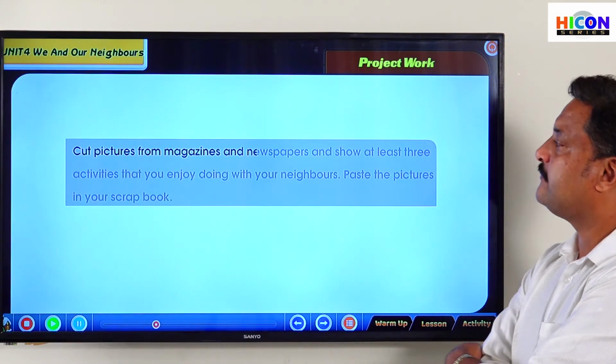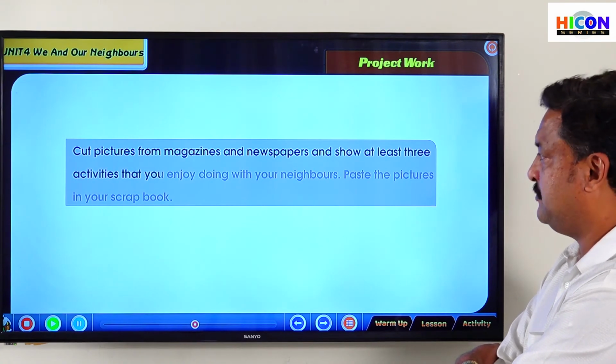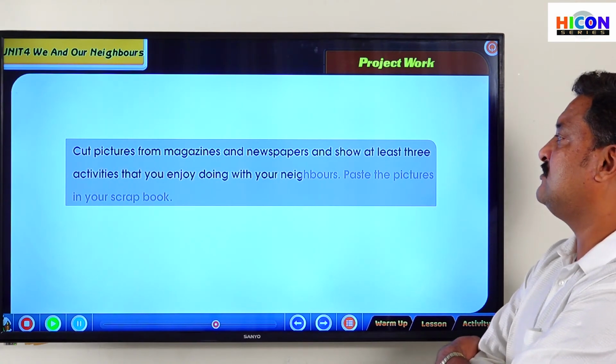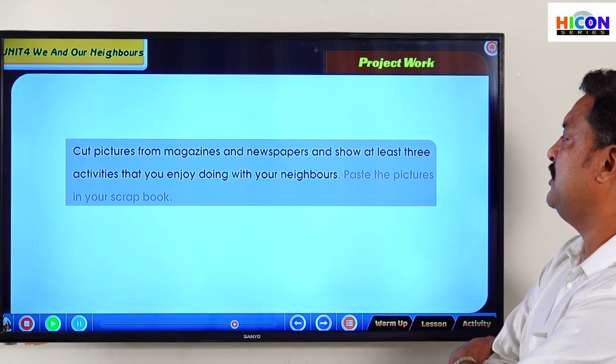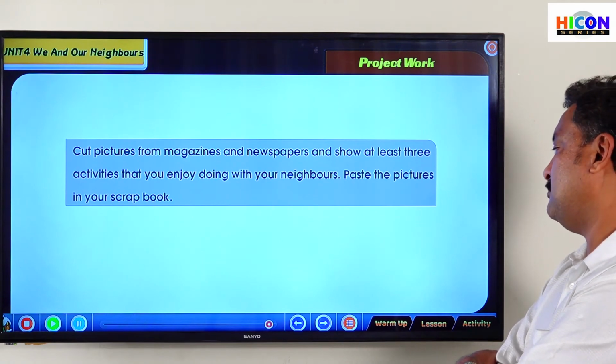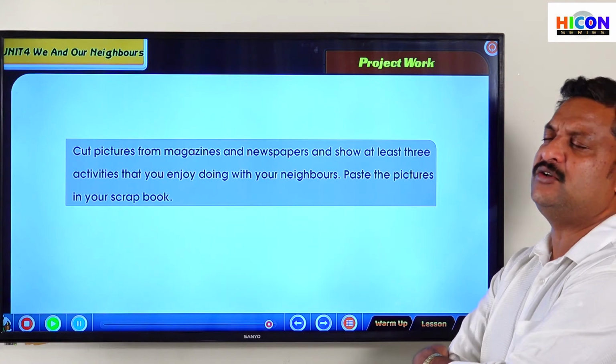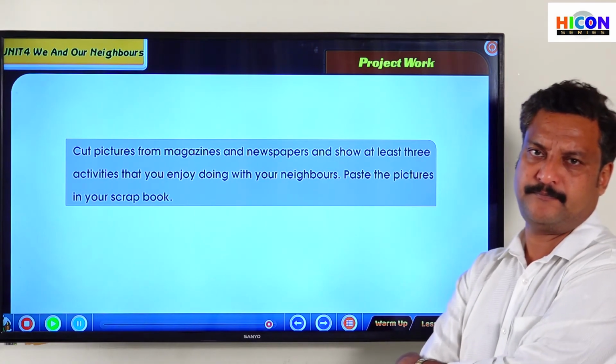Project work. Cut pictures from magazines and newspapers and show at least three activities that you enjoy doing with your neighbors. Paste the pictures in your scrapbook. So what you need to do is, what are the things that you love to do with your neighbors?